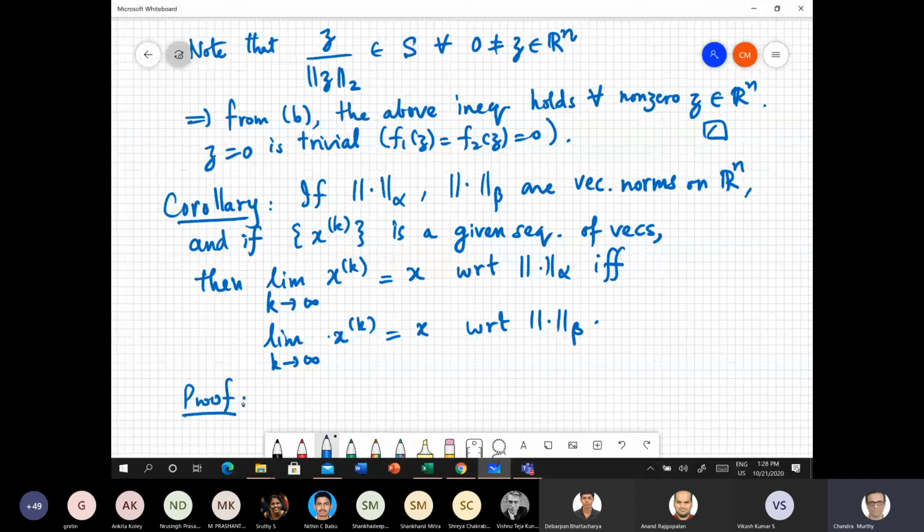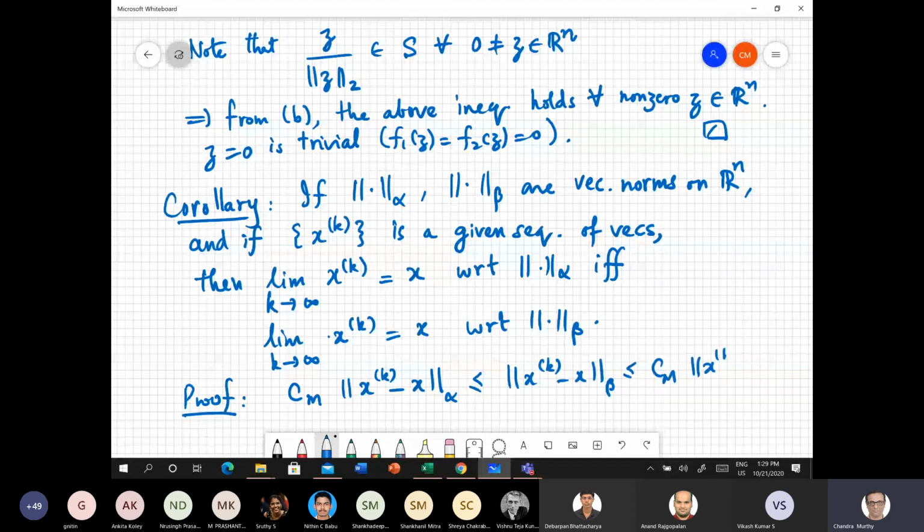So the proof is one line. We have by the previous theorem that Cm times the norm of xk minus x in alpha is less than or equal to the norm of xk minus x in beta. So there exist constants Cm and C capital M such that this holds, and this is true for every k.